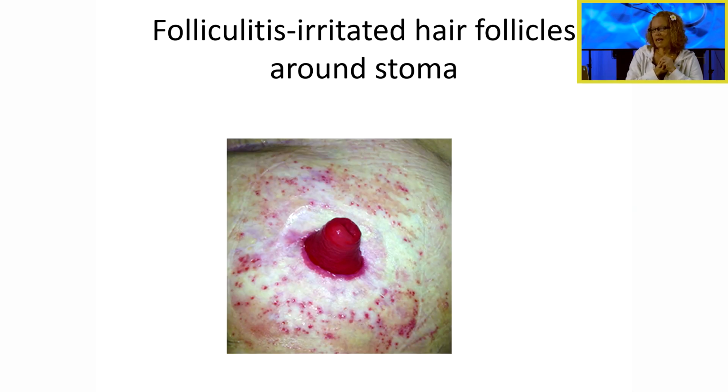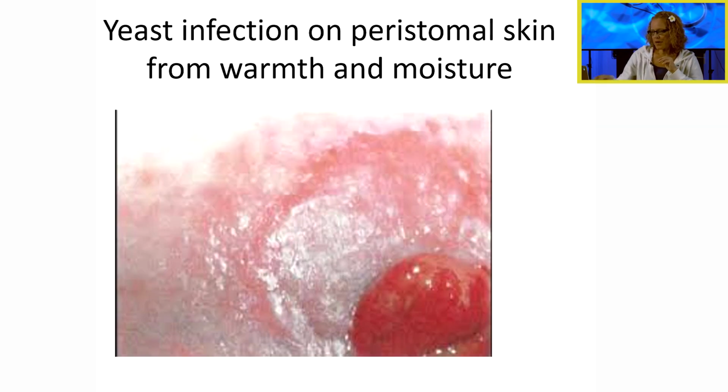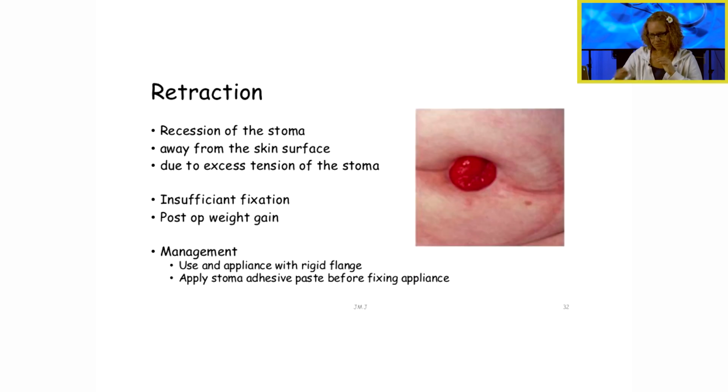Here we can see that the hair follicles around the stoma have been irritated. This is folliculitis, and so this is a little different. We have another image here that's showing a yeast infection on the peristomal skin. From warmth and moisture, yeast begins to grow, and this can be, of course, a problem as well.